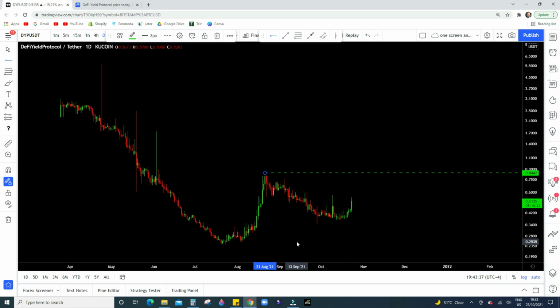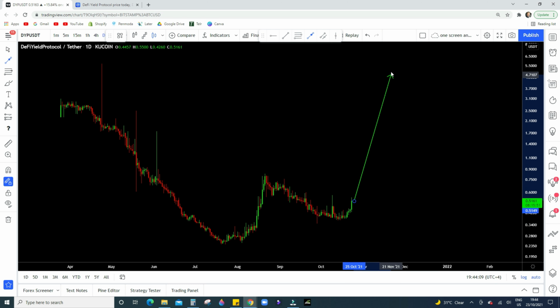But to me personally, I only prefer to take resistance lines that have multiple resistance points, because these are the strong ones. A resistance line like this one would easily be broken once the price comes back to retest this level. So in terms of price action, the road is open from here all the way towards the $5 mark.